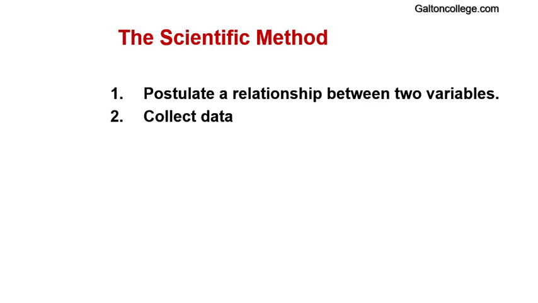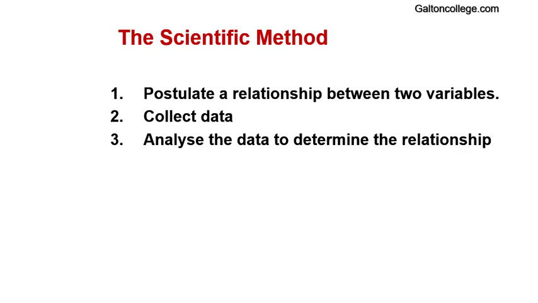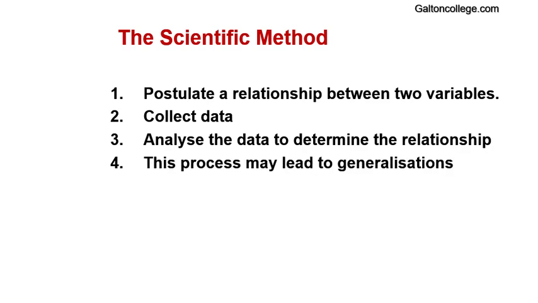We would get some statistics, get some facts, look at what happens to the price of petrol as it rises, what happens to the sales, try to work out a correlation between the two, try to figure out if there is a relationship. We're collecting the data, but we're analysing the data to determine the relationship. And once we've analysed it, we try to generalise. So once we've got an insight into something, the Holy Grail, what we really want to do is to generalise. And we'll see how that works in a moment.